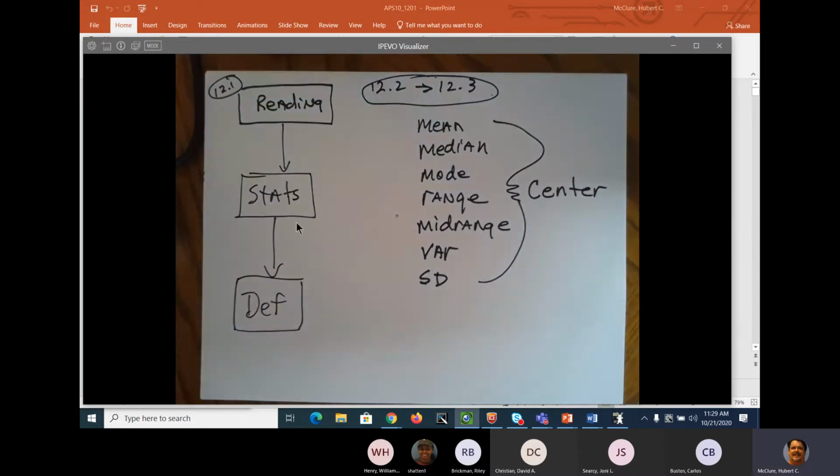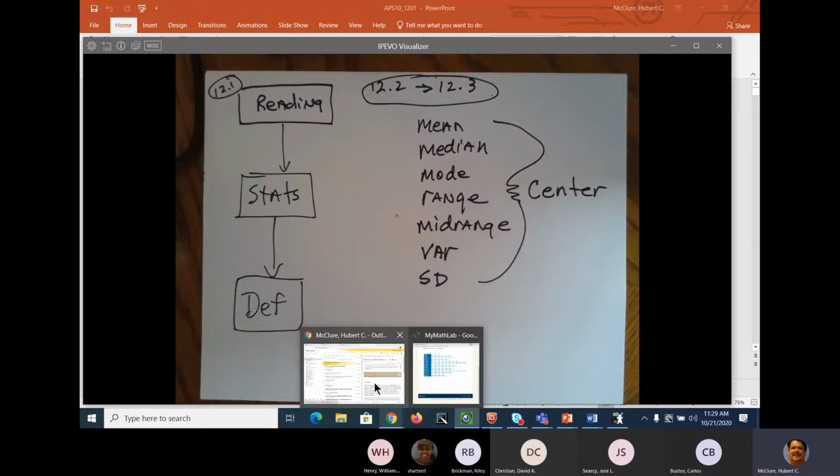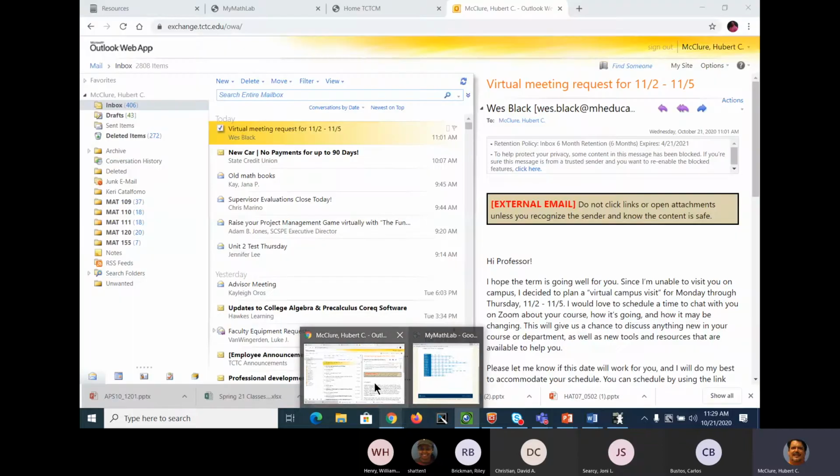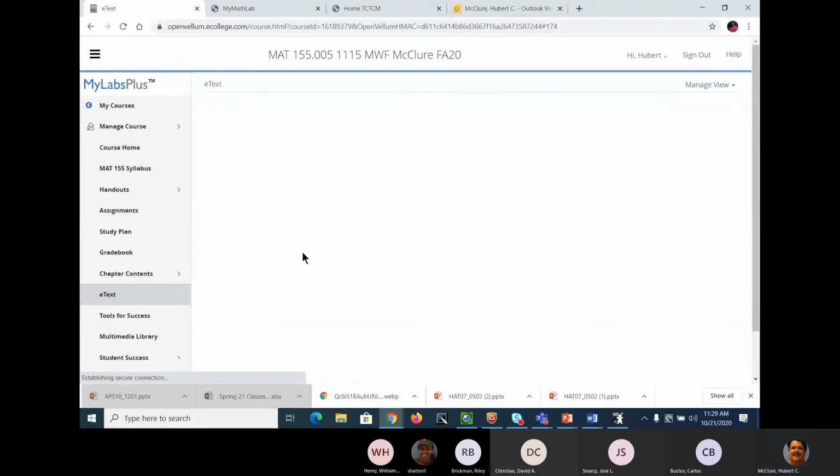Okay, so if you go, and I'm going to go to the textbook right quick, and I'll come back to this in just a second. If you go to the eText and you pull up the table of contents for the eText, and you look up 12.2 through 12.3 or 12.4, I can't remember.